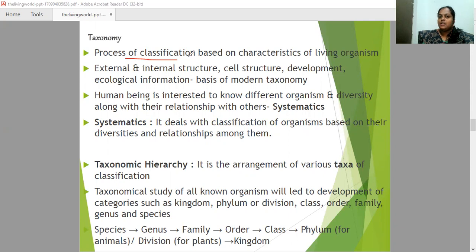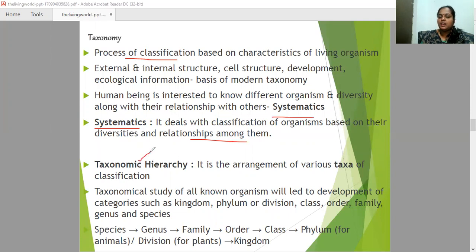For that reason naming and classifying is very important, because the relationship between organisms should be known. What is systematics? It deals with the classification of organisms based on their diversity and relationships among them.